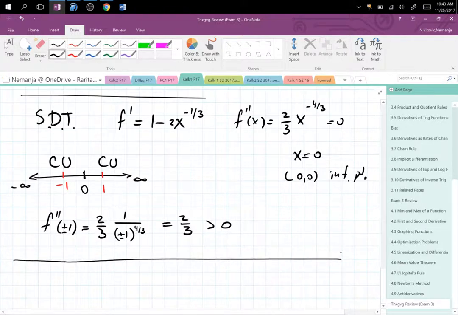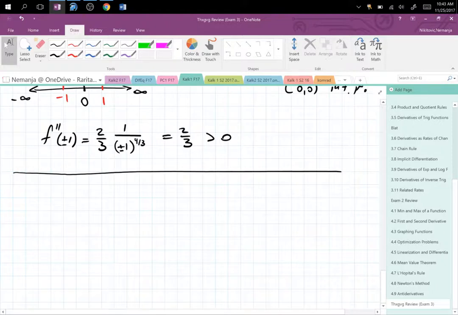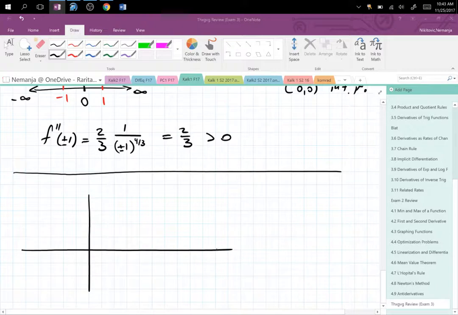So the question is now, can I graph this? Do I have enough information? If not, we are going to compute additional points. So what I have found is that I have an x-intercept at (0, 0), and I also have an x-intercept at 27.